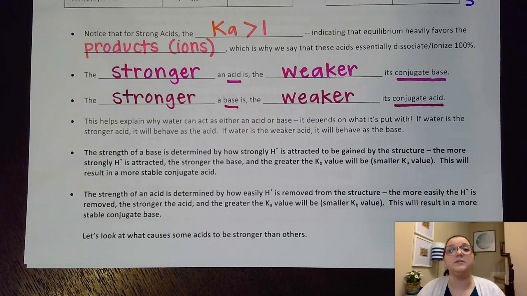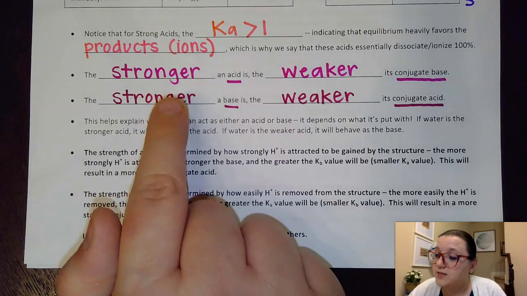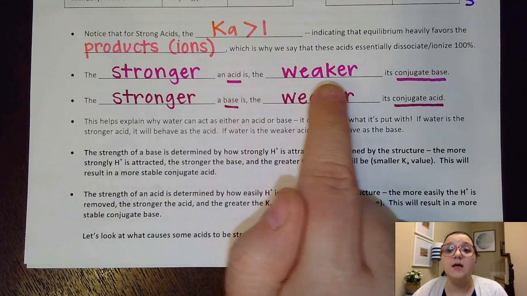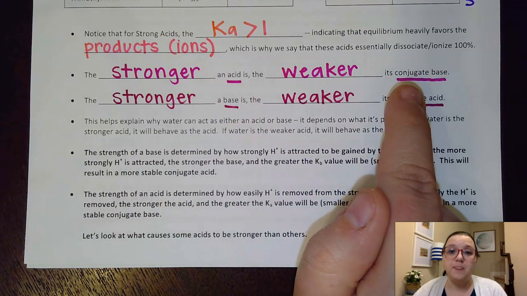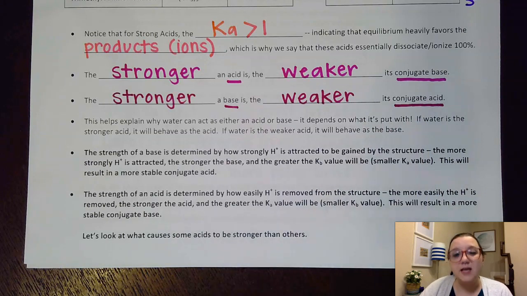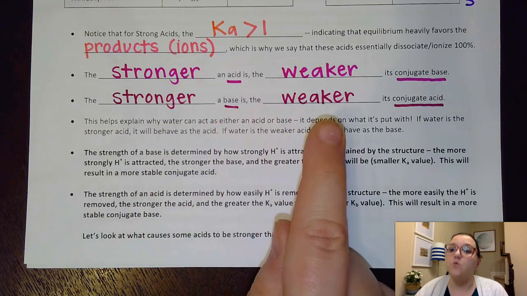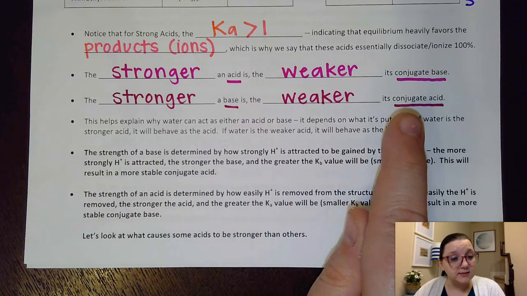Something else we noticed on our table is that the stronger an acid is, the weaker its conjugate base would be. However, the same statement could be made for a base. The stronger a base is, the weaker its conjugate acid is.